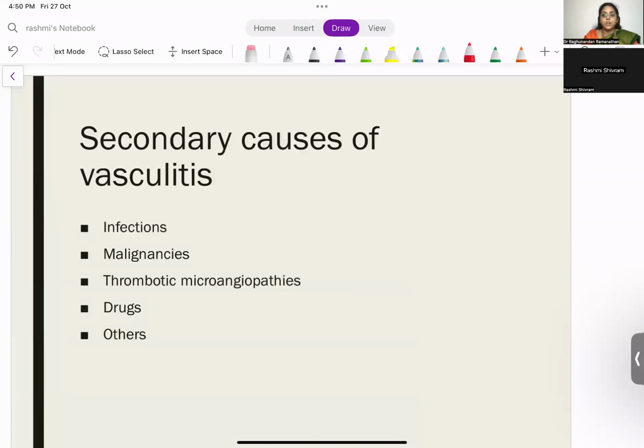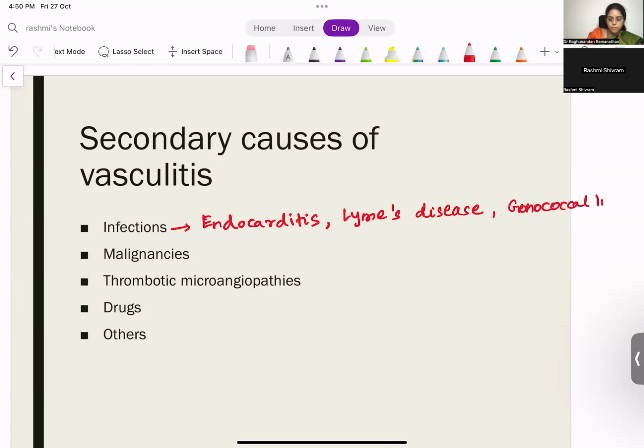So what are the secondary causes of vasculitis? First is infections. Among those, the most common is endocarditis. The other important one is Lyme's disease. Then another important one is gonococcal infection.